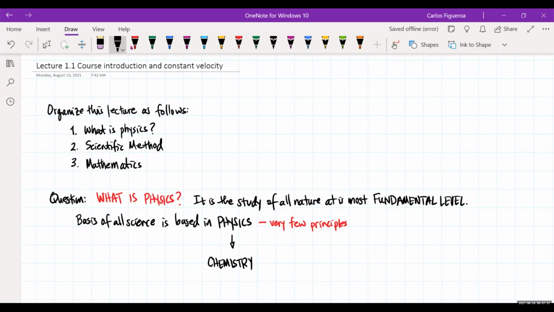Well, if you look at chemistry, a large part of chemistry is how electrons interact with electrons from one atom to the other. So if you go back, chemistry doesn't really pay attention so much to what an electron is, but physics spends a lot of time trying to understand what an electron is. We don't know what it is, we know what it behaves like.